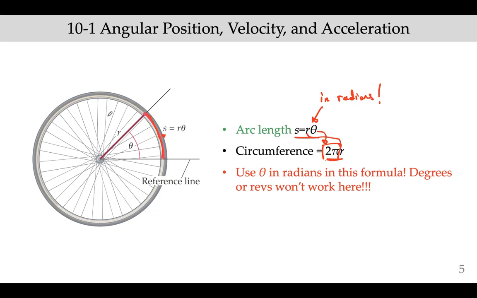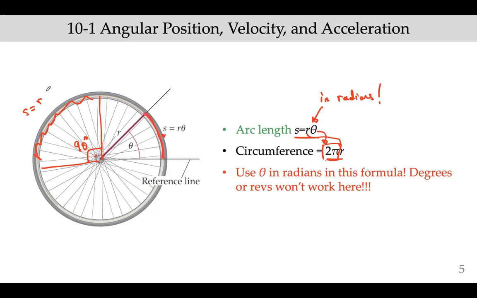So if you want to calculate this length here, and if it's 90 degrees, then S equals r times, and now I have to write 90 degrees in terms of radians. The whole thing is 360 degrees, and that means 2 pi radians.